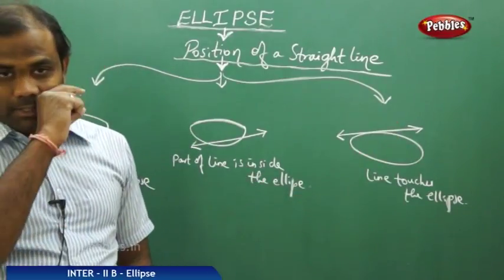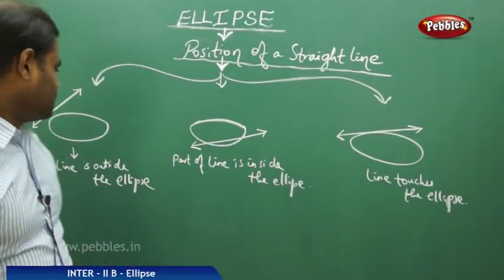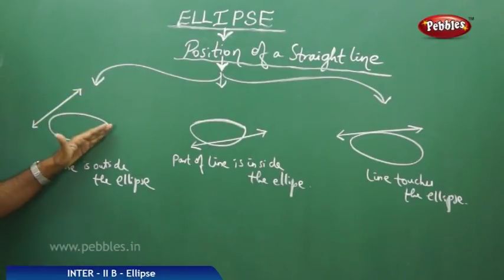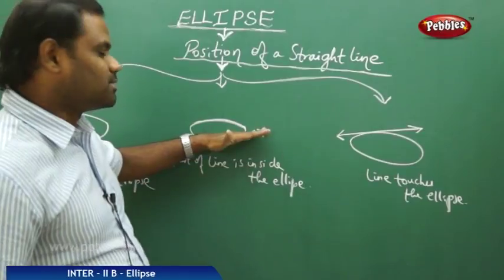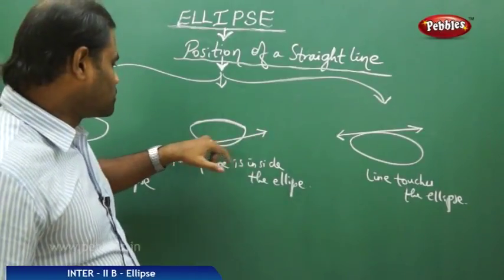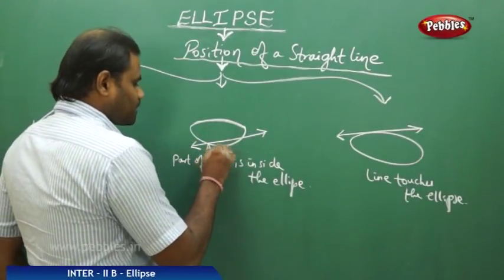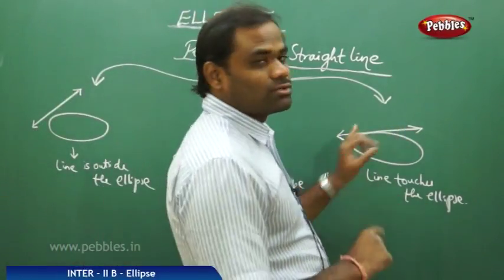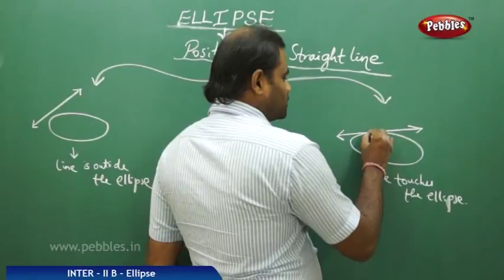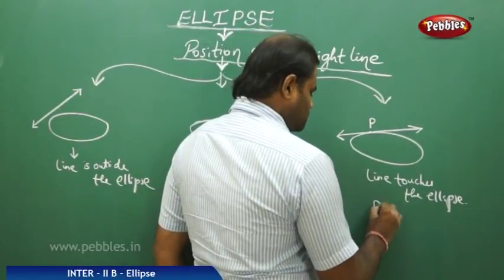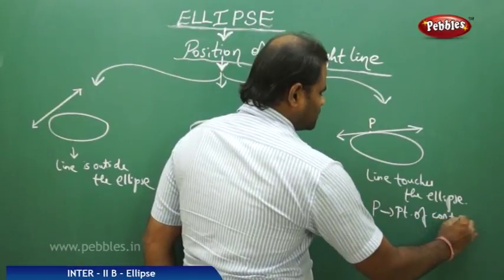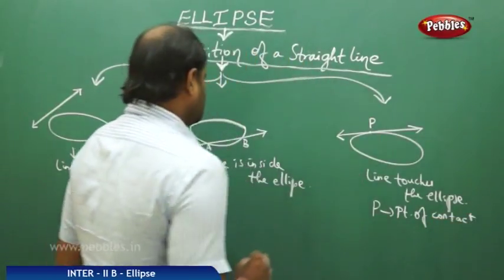With these 3 cases, if the line is outside the ellipse, there is no point of intersection of line and ellipse. If part of the line is inside the ellipse, there are 2 points of intersection with the ellipse. If the line touches the ellipse, there is 1 point of contact, which is this. So P is the point of contact of the line with the ellipse.